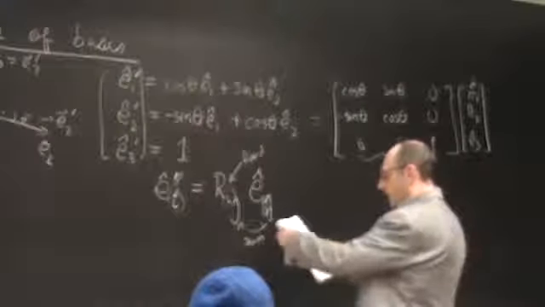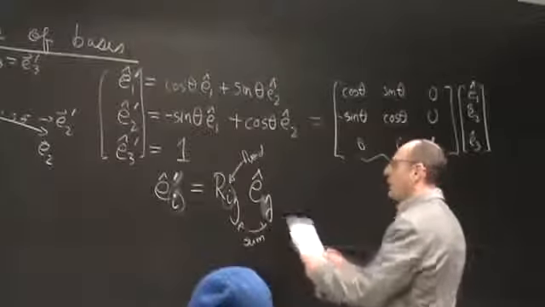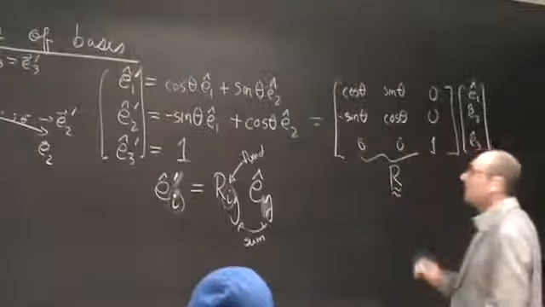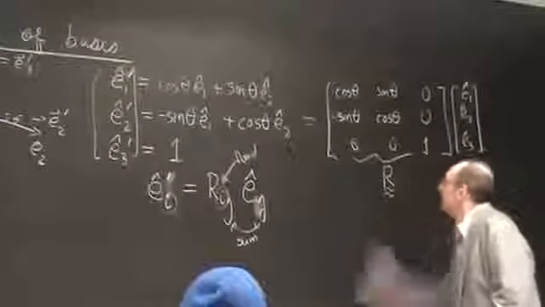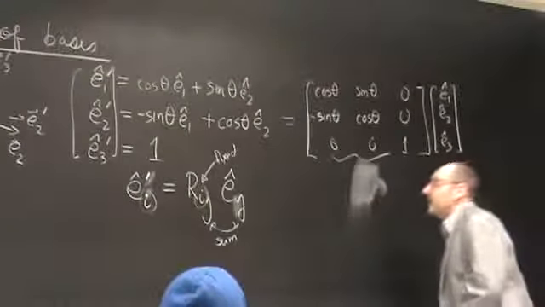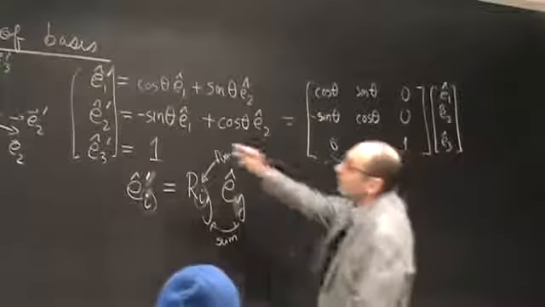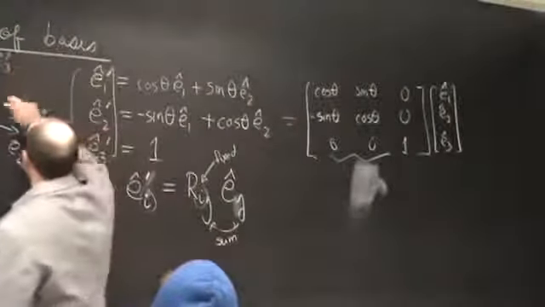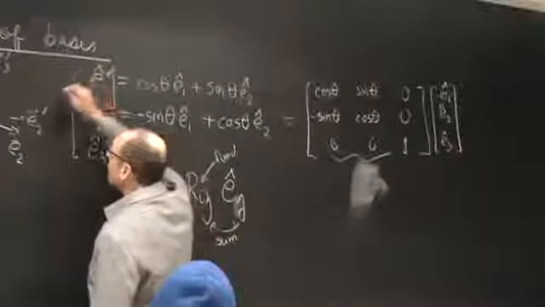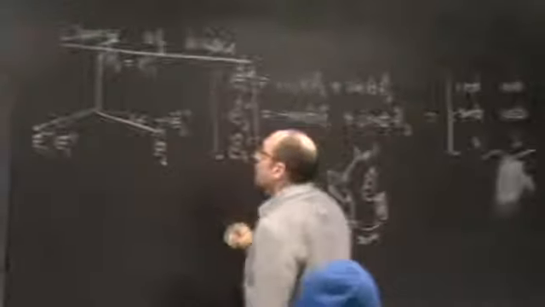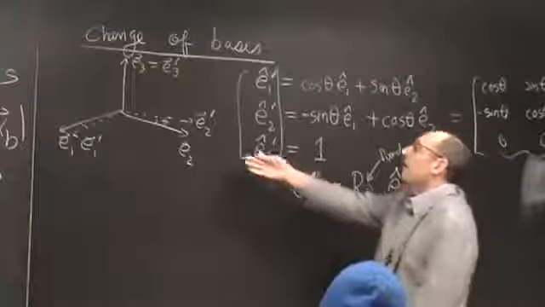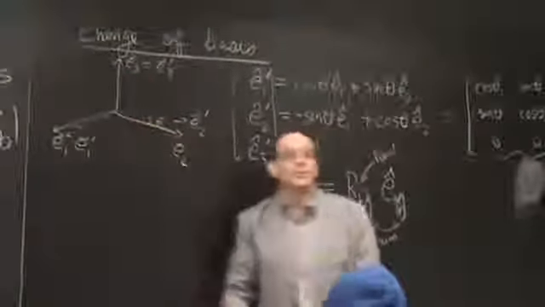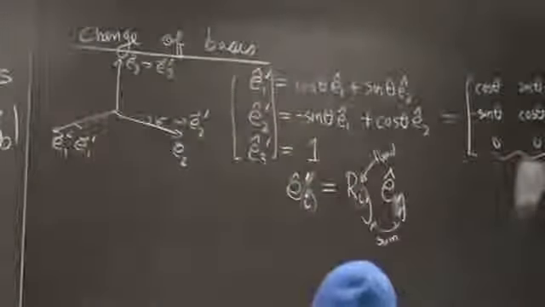Okay. Right. Now, the particular rotation I chose, this particular change of basis that I'm looking at here, is one that kept the dot product or inner product between these vectors the same.